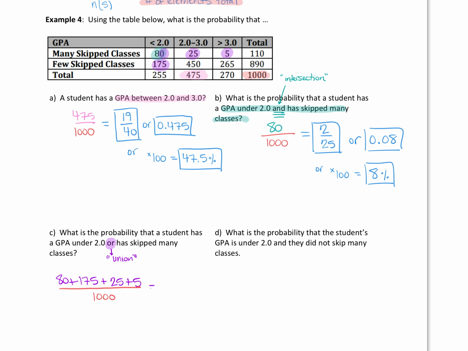So that is equal to, adding all of those together, 285 out of 1,000.